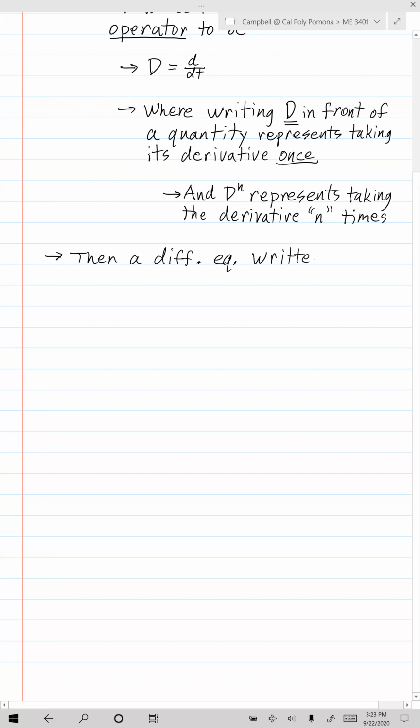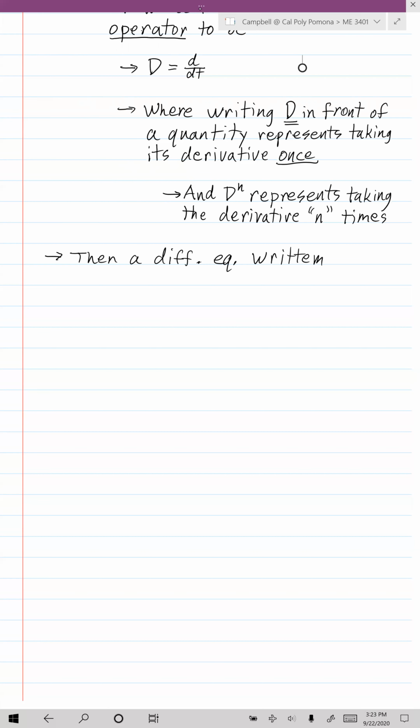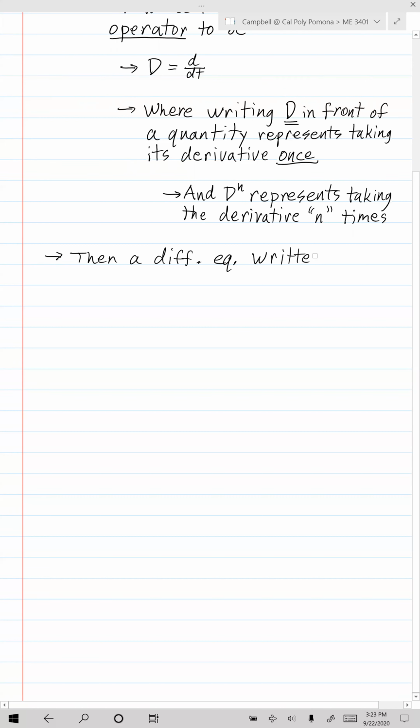So now we can say that, oops, let me go ahead and erase that, my apologies. So this can be written as, and here we're going to stay with LTI, linear time invariant.